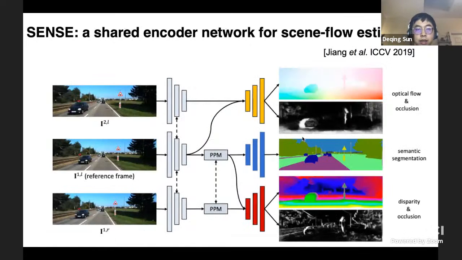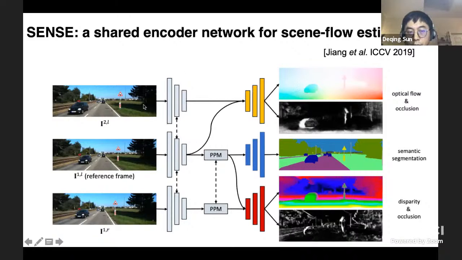And another work we did with some interns is also about this idea of sharing the network. For this one we take the PWCnet architecture, but we share the feature encoder among different vision tasks. For example, for optical flow, we extract the feature and then we can reuse the feature for different purposes.